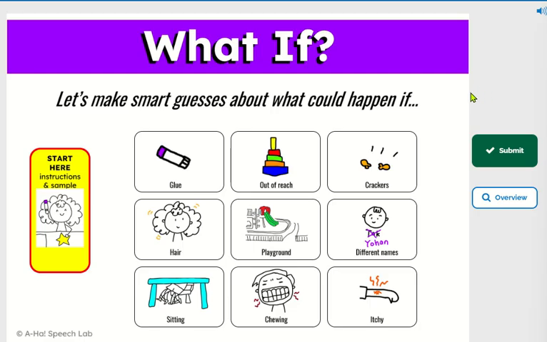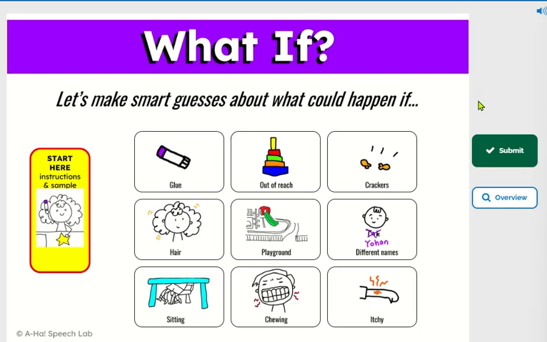They're not yet used to thinking about, but what if I did this? What's going to happen? As a result, they tend to do things that make others or even themselves uncomfortable. So by practicing what ifs, the idea is to give them the language to talk or even think through situations to help them avoid these uncomfortable outcomes.